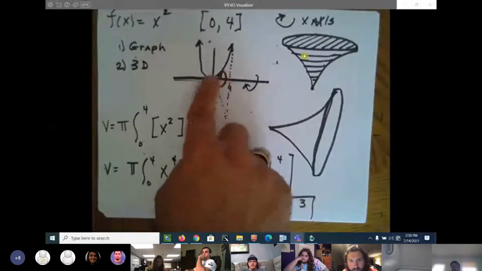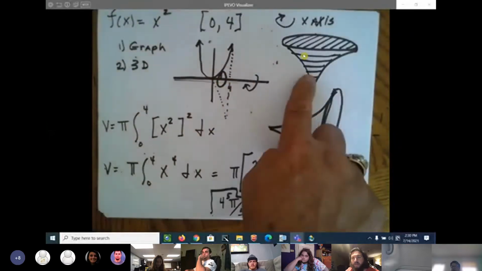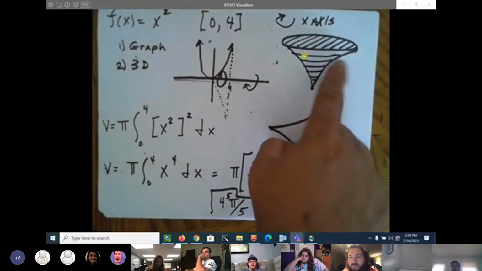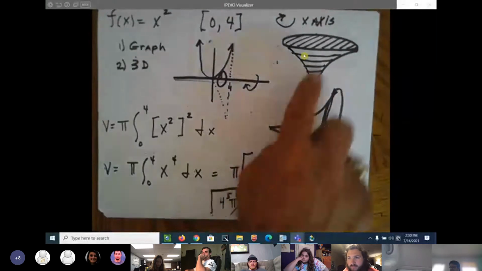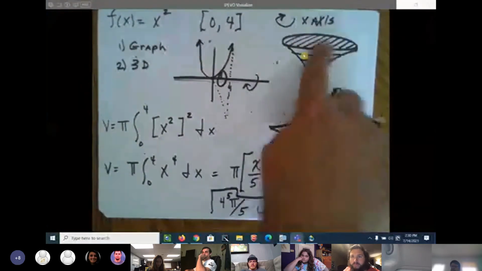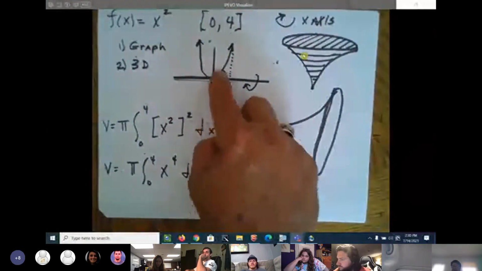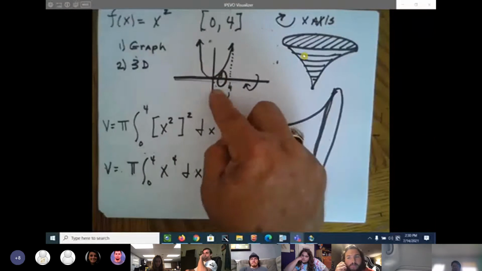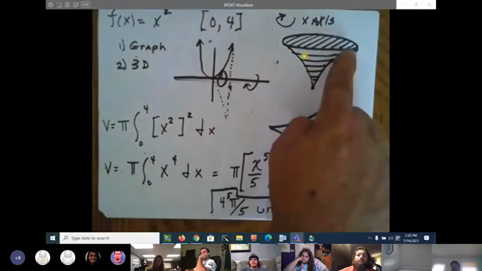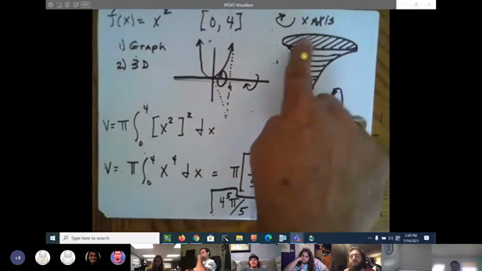This whole area from here to here is going to make this kind of shape. Yeah, and you're finding the volume of the whole shape. Because that disc, as it gets bigger and bigger, it opens up here. So yes, you're finding the volume.